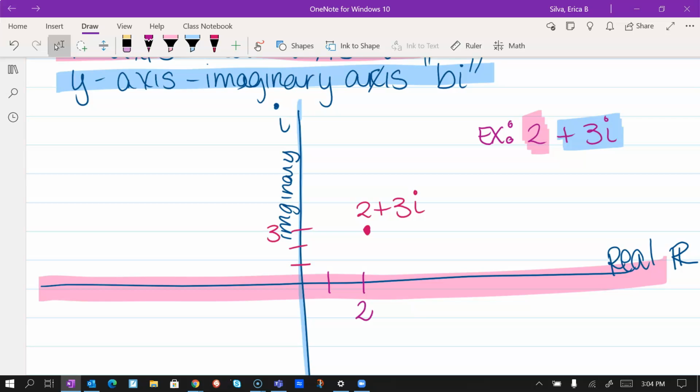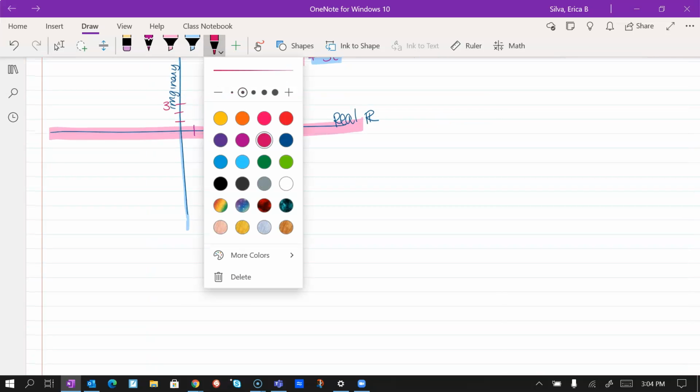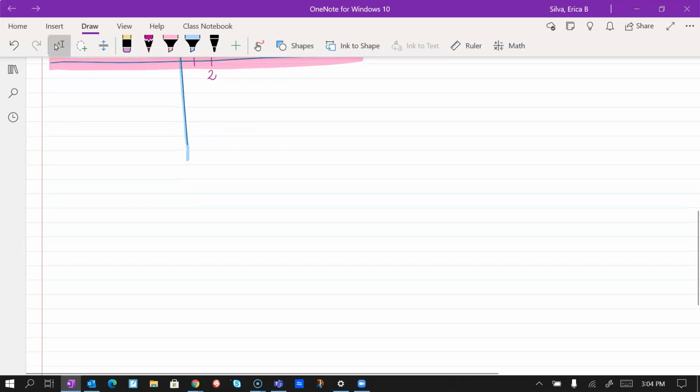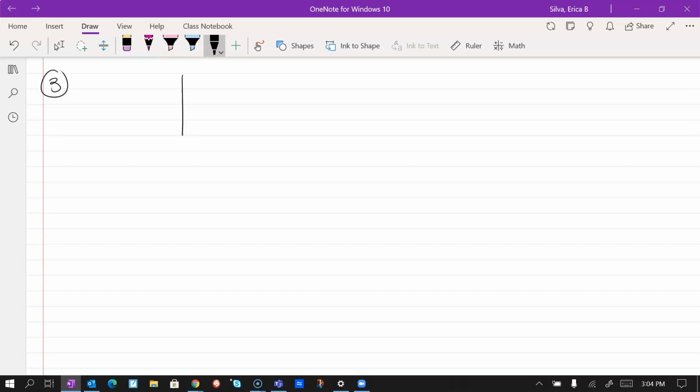Okay, we're going to graph 2 more. Okay, so for example number 2, sorry, I have my x and y axis. This is my real axis, my imaginary axis, and I'm going to plot -5 minus 8i.